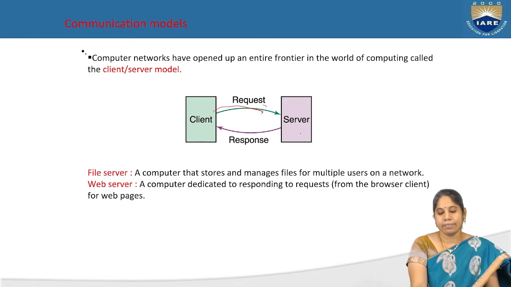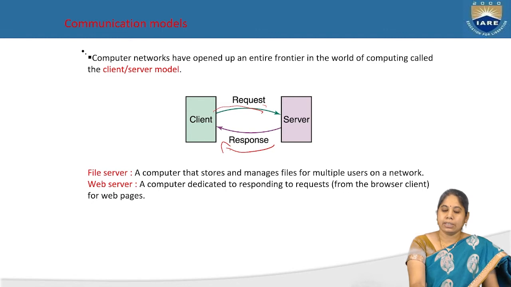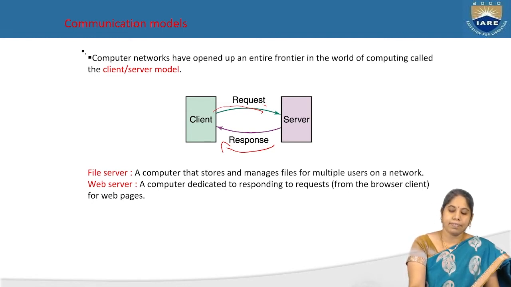The server will process the information, and whether it is successful or unsuccessful, it will send some response back to the client. So the client sends the request, the server processes that request and sends a response back to the client.